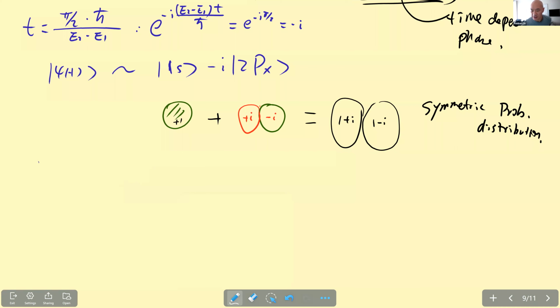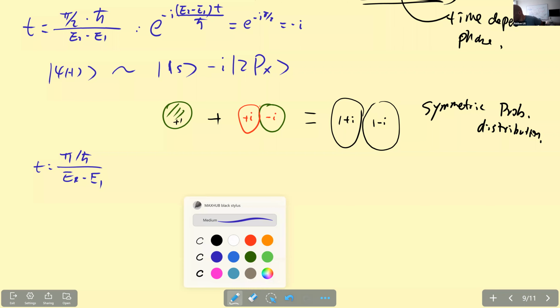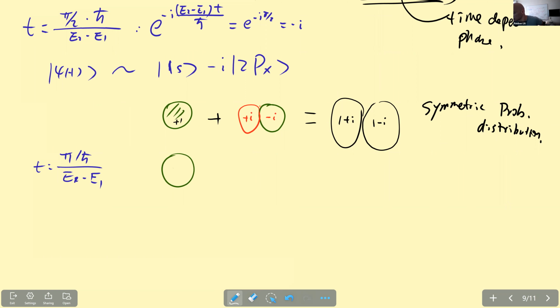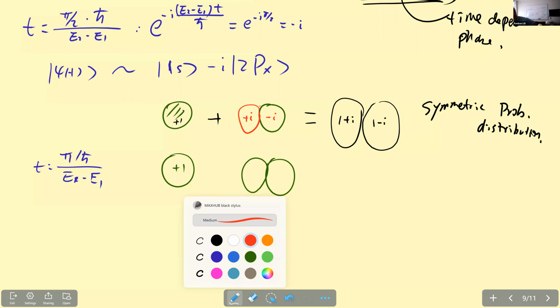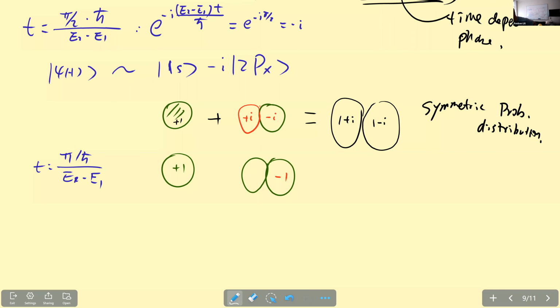What if t equals pi times h bar over E2 minus E1? Of course, here you still have this one to be plus 1. And now you have this one, they change the sign. Now this one will be minus 1, this will be plus 1. Okay. You do the summation of the two.